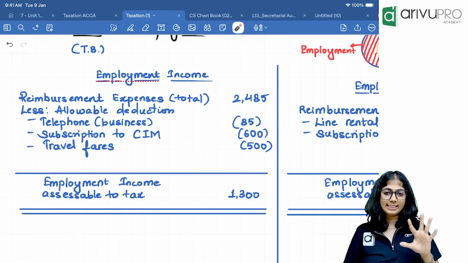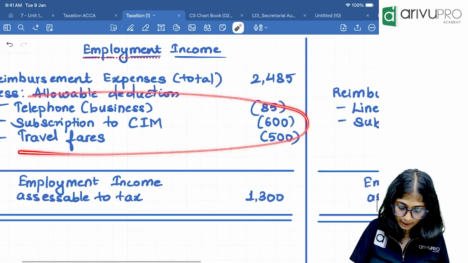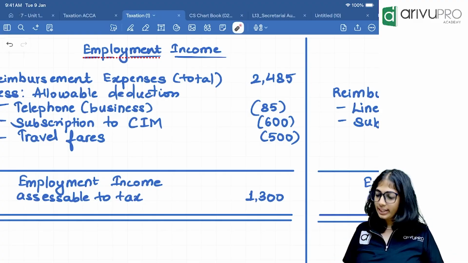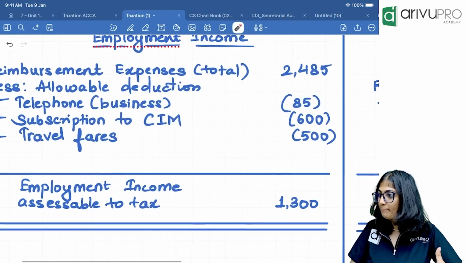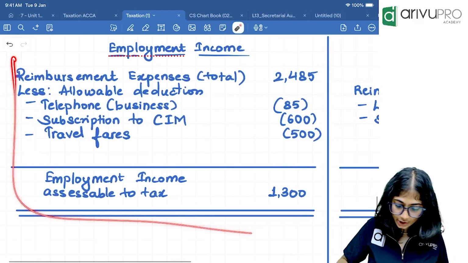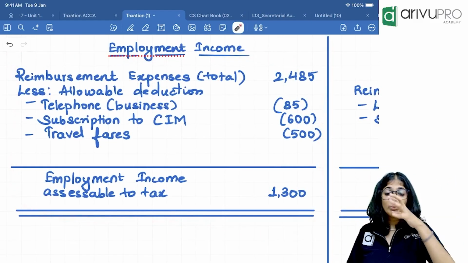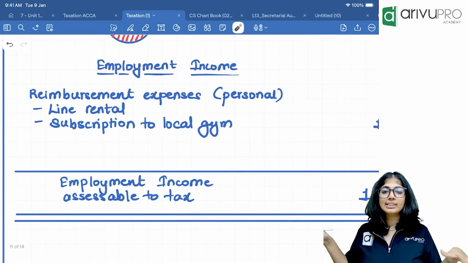Whatever HMRC is saying, first of all, you need to remember. They said this particular thing is an allowable deduction, you can't change that. You can either do it like this, which is what I have done in the exam, because for me, it's easier to take the totals and then deduct. For you, maybe this is easier. You're like, okay, directly I can just put the personal amount.